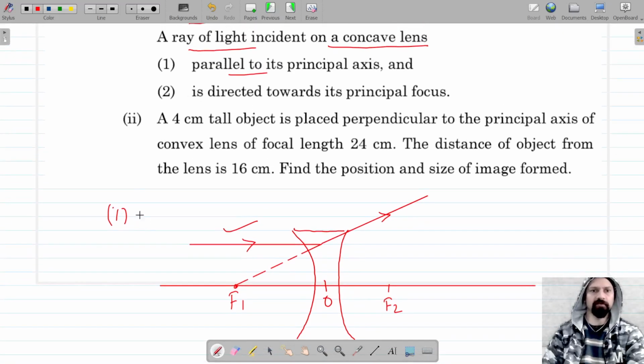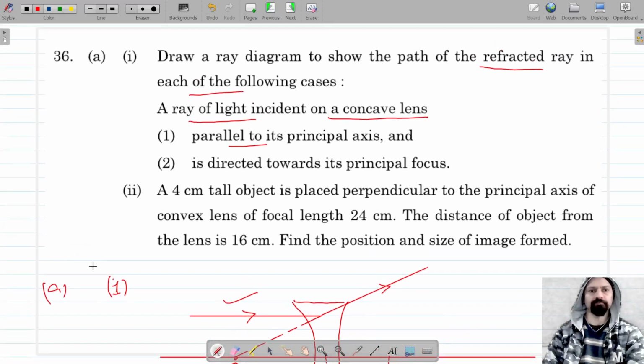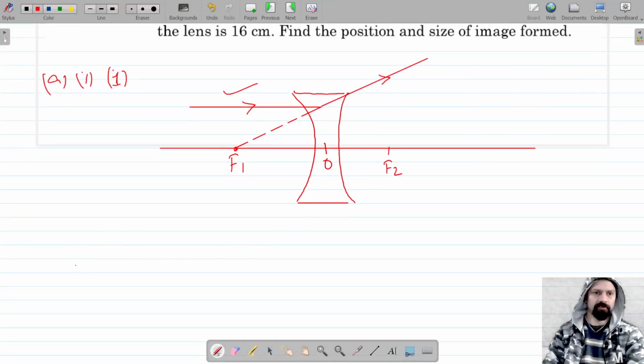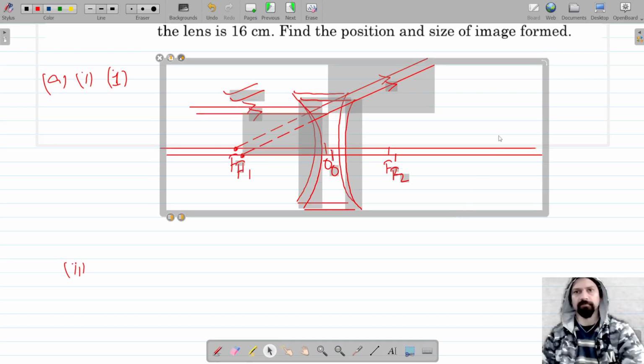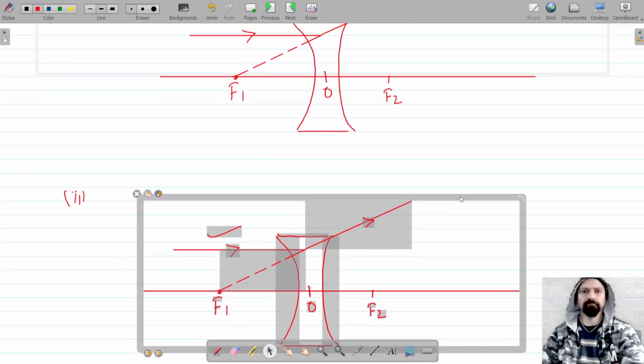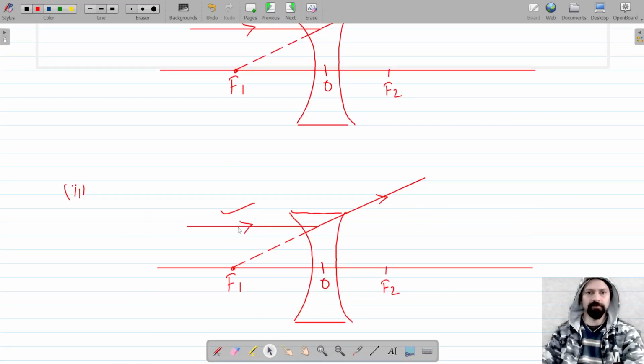Now the second case, this is the first one. Now for the second case, the ray is directed towards the principal focus. So now the ray is directed towards the principal focus.